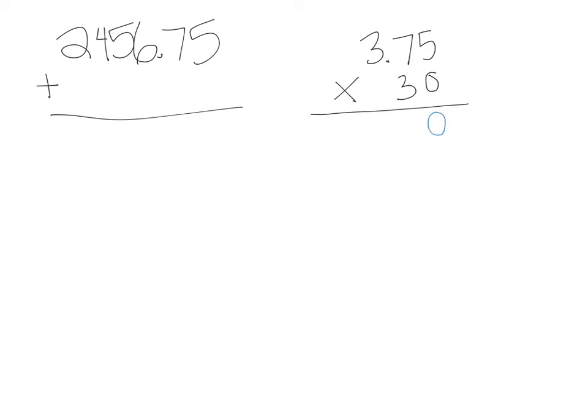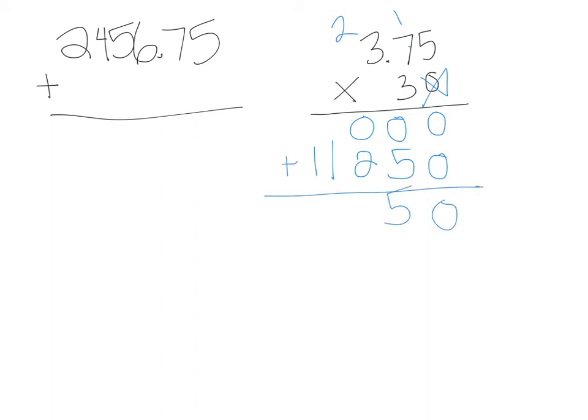0 times 5 is 0, 0 times 7 is 0, 0 times 3 is 0. Done with the 0, placeholder. 3 times 5 is 15, carry the 1. 3 times 7 is 21, plus 1 is 22. 3 times 3 is 9, plus 2 is 11. I'm going to add these up. 0, 5, 2, 1, 1.